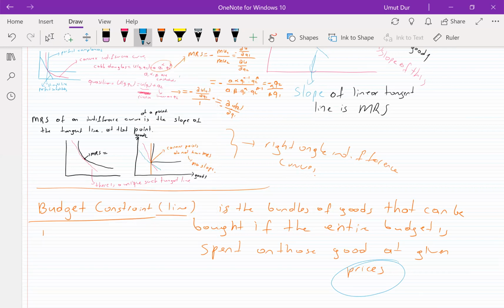We are also considering something called budget. This will be the income, and this will be the price of good one and price of good two.